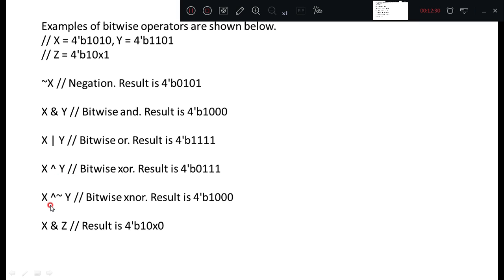Then X XNOR Y, and X and Z. Here Z again performs bitwise AND: 1, 0. Since one of the inputs is unknown, the output at that bit is unknown, then 1, 0, 0. So the final result is unknown, since one of the bits is unknown.